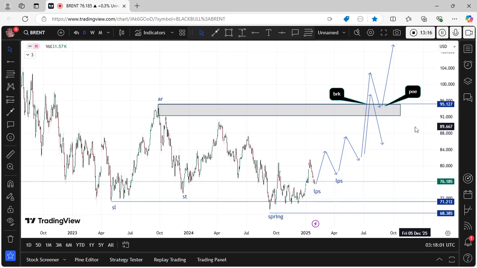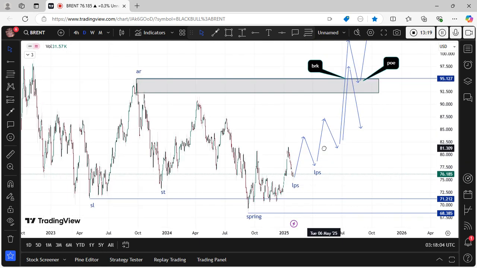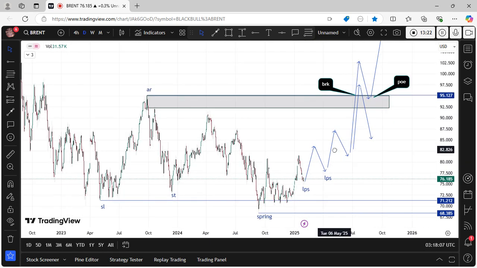So what is the trajectory for oil? The trajectory for Brent crude oil is bullish. If you have interest in trading oil, or you have been trading oil, you can go long at every LPS.